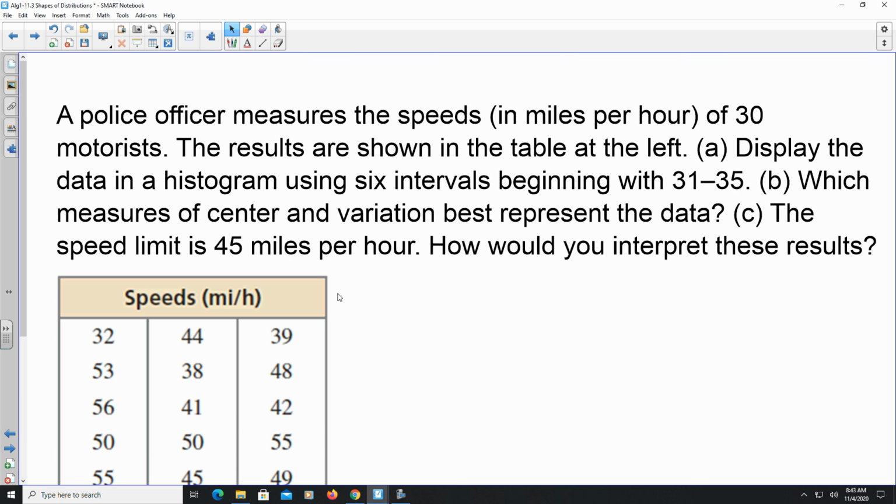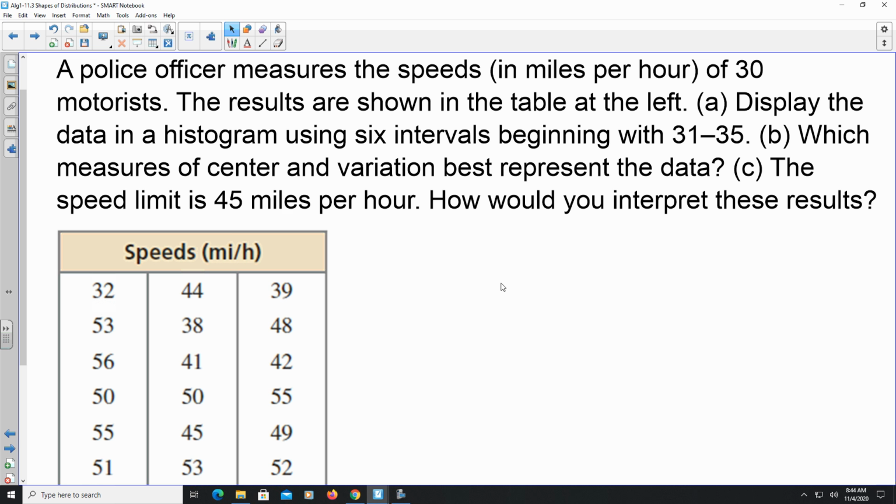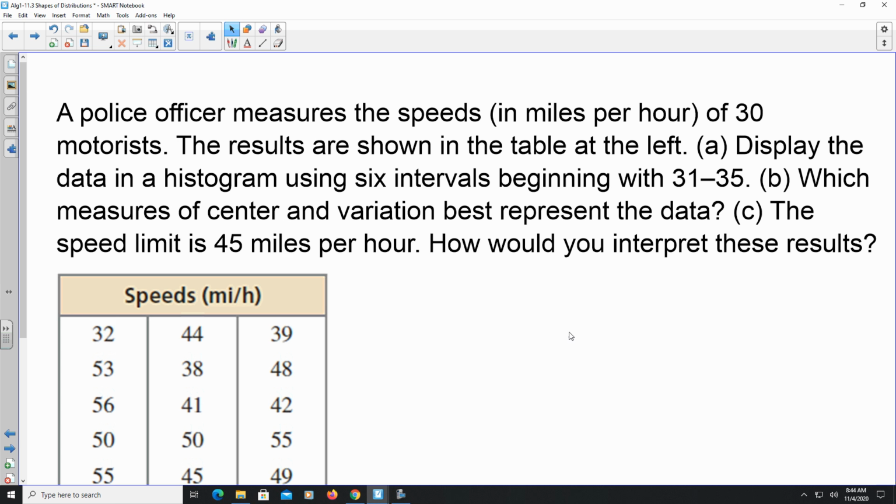So what we have here says a police officer measures the speeds in miles per hour of 30 motorists. The results are shown in a table at the left. So this is the results they gave of the 30 motorists.